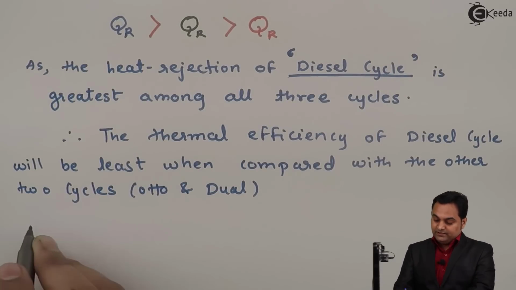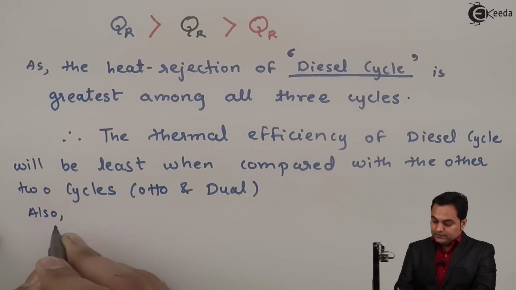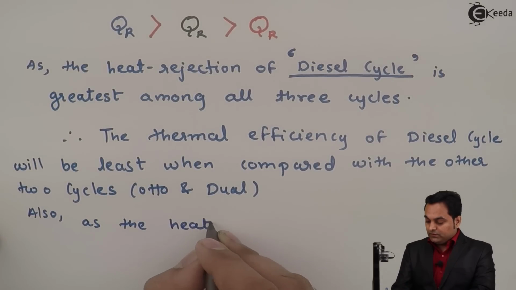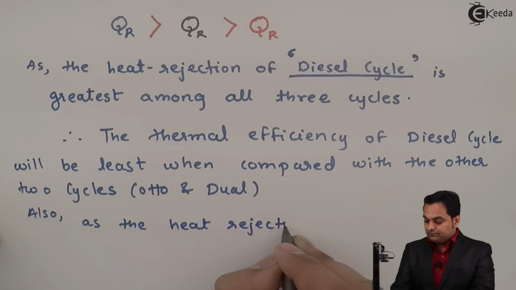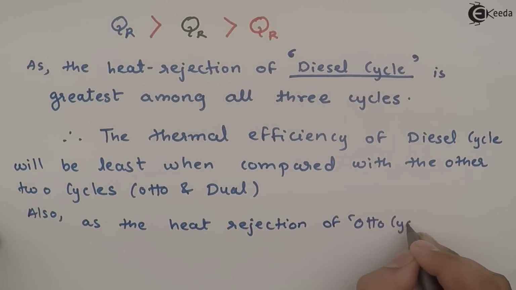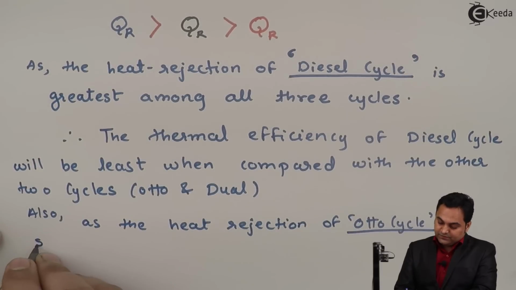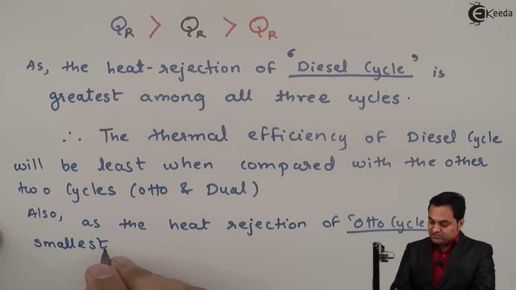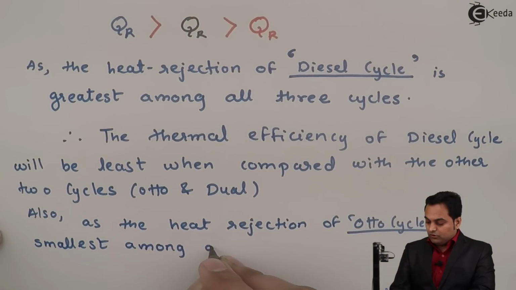So I'll say also that as the heat rejection of the Otto cycle is smallest, like the diesel cycle had the greatest heat rejection, the Otto cycle has the smallest heat rejection among all three cycles we have seen here.